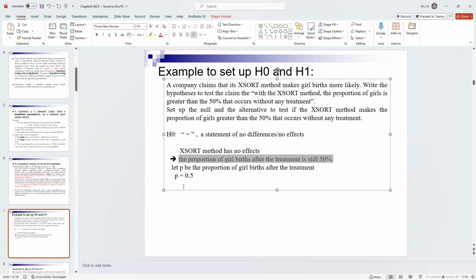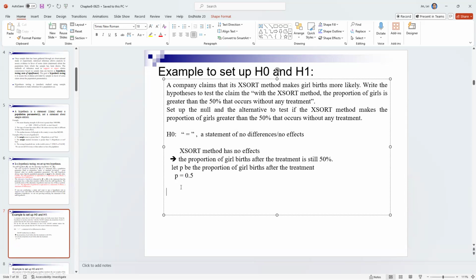This statement is the same as this mathematical expression. Is that right? So what sign is in this expression? Equal sign. So in the null hypothesis, we always have the equal sign. Okay, this is the null hypothesis. Usually in this class, we use this kind of notation. And remember that in the null hypothesis, we always have the equal sign.